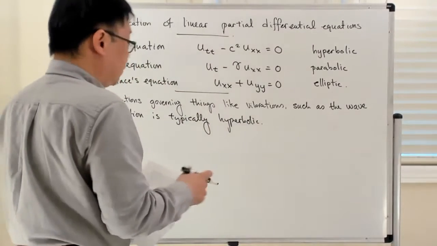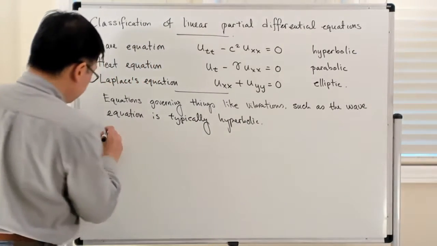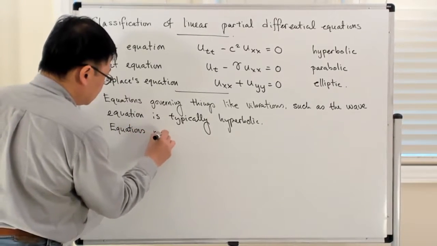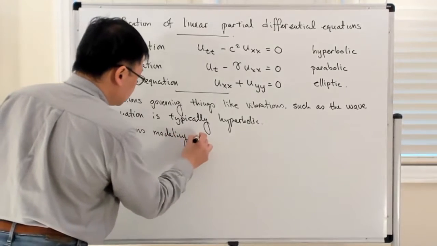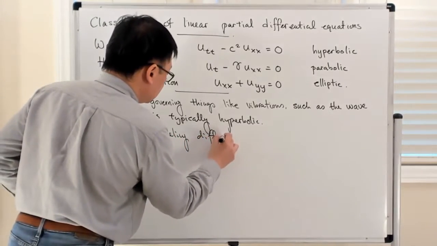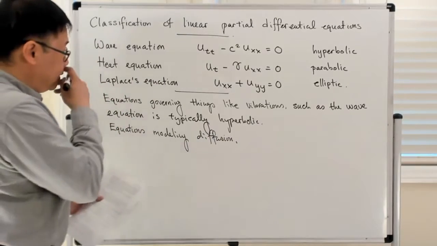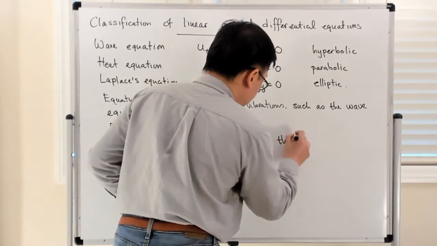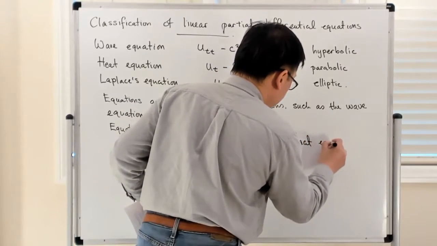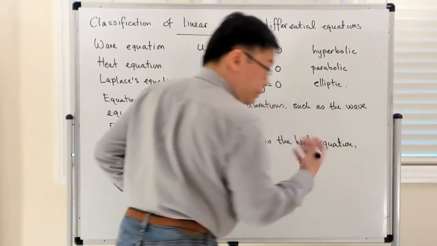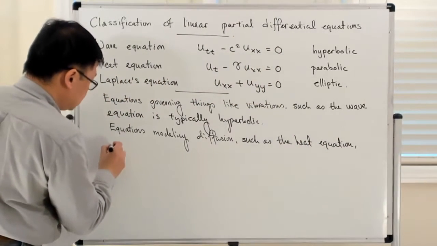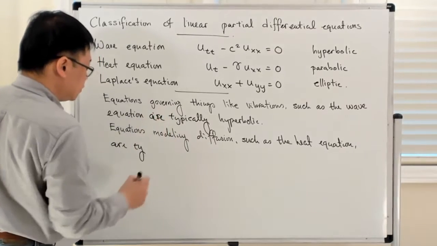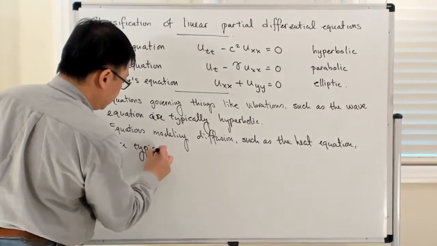Equations modeling things like diffusion, such as the heat equation, are typically parabolic.